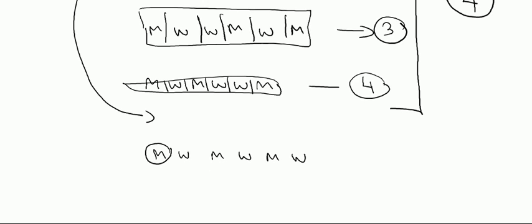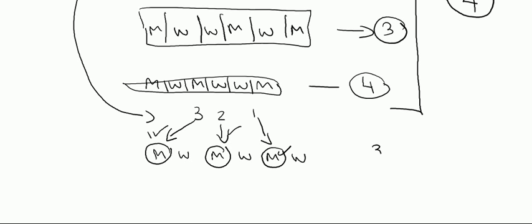Now this is the first man, this is the second man, and this is the third man. Since we have 3 men, anyone can occupy the first place. After one of them has occupied it, any 2 can occupy the next place. After that, the last one will occupy the last place. So the men can arrange themselves in 3 factorial ways.